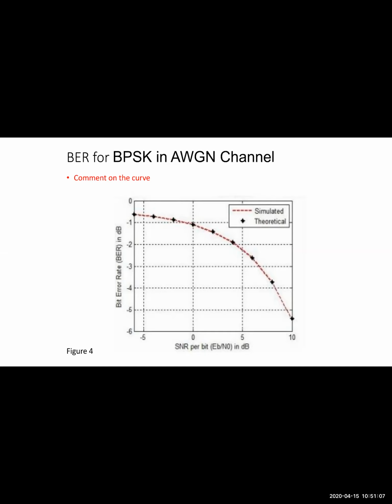We have the bit error rate on the vertical side. You see that it is decreasing as SNR per bit increases. Can you see the curve? On this slide, whether it is theoretical, that's analytical, or simulated, it doesn't matter. The nature of the curve is what we need to focus on.